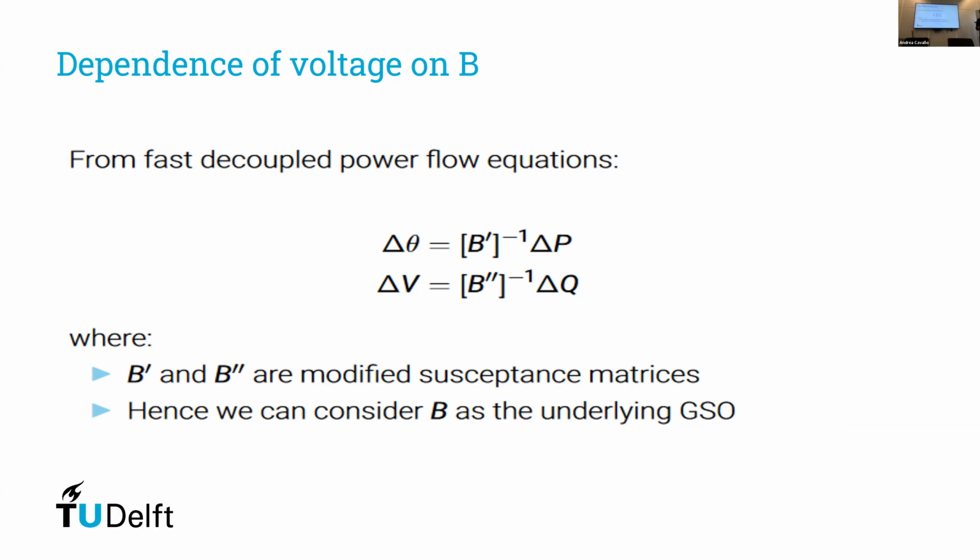This gives us the intuition that we can consider the B matrix, the susceptance matrix of the power system, as an underlying GSO that helps propagate voltage information across the grid.